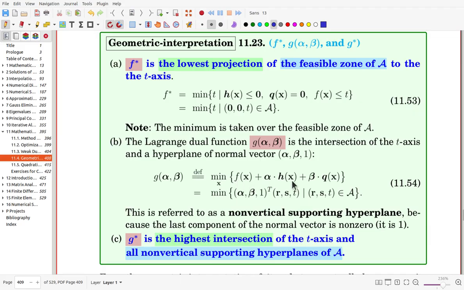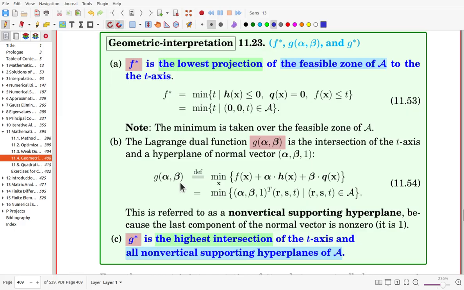This can be written as 1 and t, the upper portion in the epigraph, and then alpha r, that is again the upper part, and beta s, that is the upper portion of that one. So among this upper portion we try to minimize, then that must be g of alpha beta.